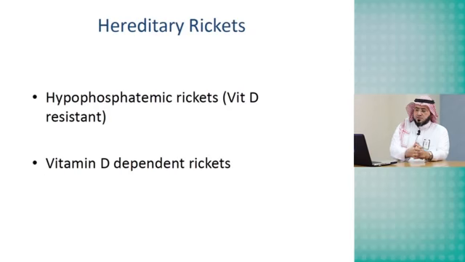As I mentioned in the previous slide, hereditary rickets could be hypophosphatemic rickets, which is because of an isolated renal absorption defect, renal tubular acidosis, or vitamin D dependent rickets: type 1, due to absence or congenital deficiency of the 1-alpha hydroxylase enzyme, or type 2, vitamin D receptor resistance rickets.